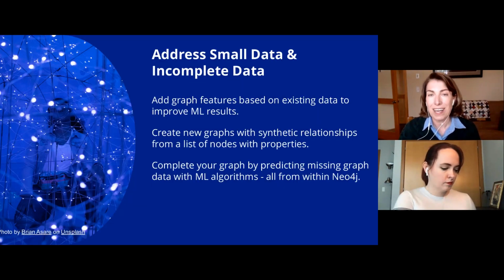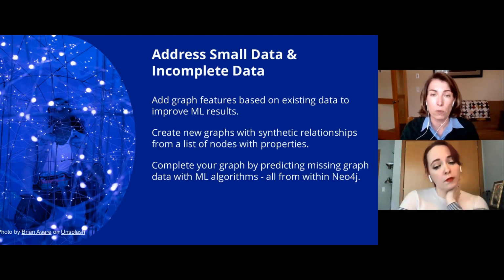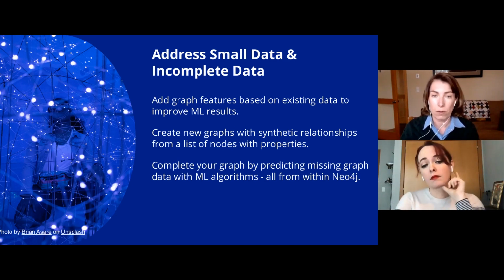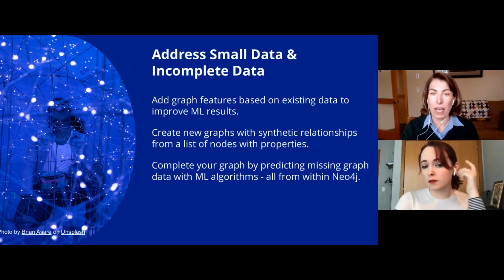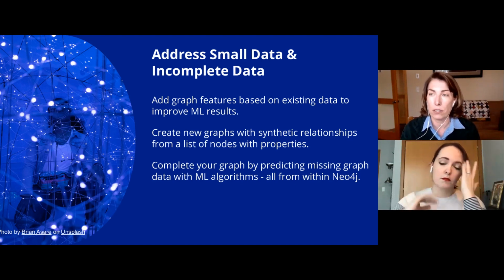The other thing that I get excited about is small data and incomplete data, or rather, helping out with that area, because that's something we hear a lot from customers. This year's been a lot of change. The data that I've had in the past is no longer valid. How do I deal with incomplete data or just small data? I just don't have a lot.